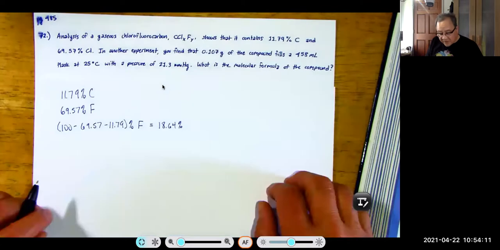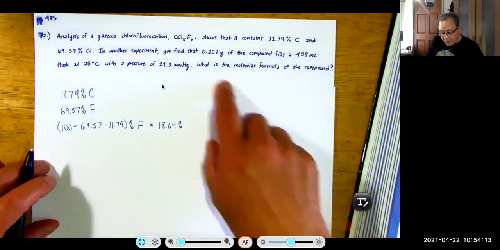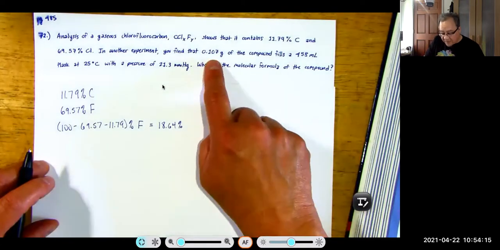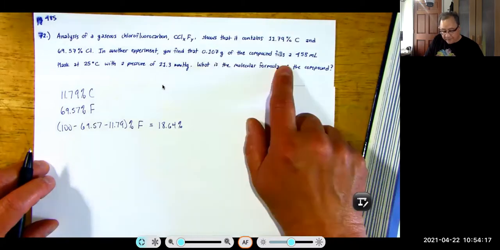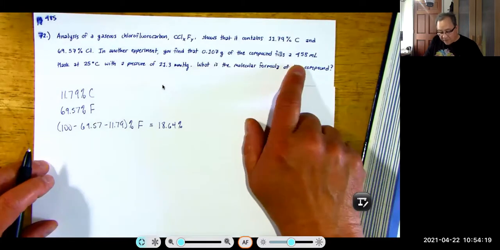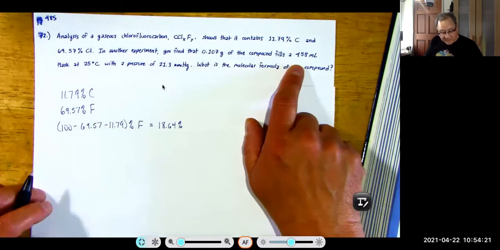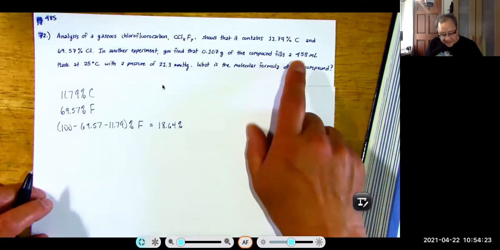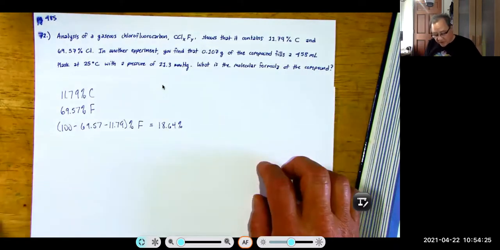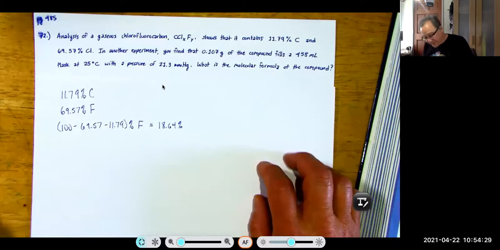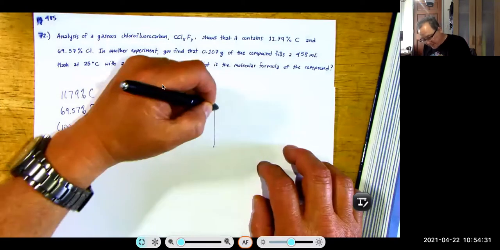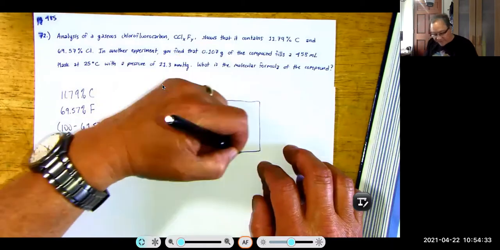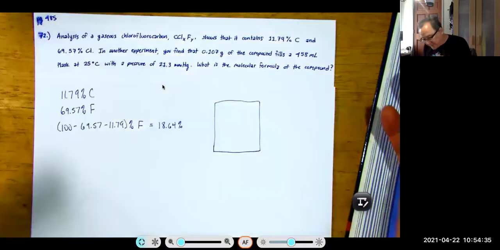Okay, in another experiment, you find that 0.107 grams of the compound fills a 454 milliliter flask at 25 degrees Celsius with a pressure of 21.3 millimeters of mercury. So what are the things that are standing out to you about this?